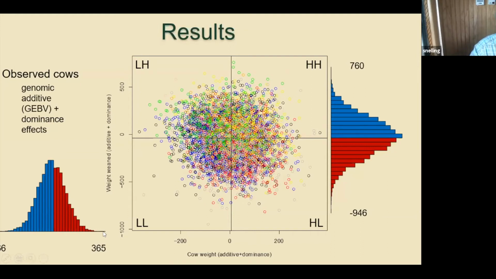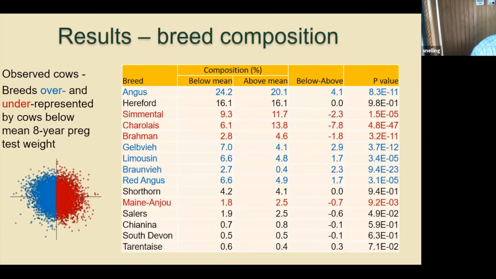And to look closer at each of those quadrants, I've included the scatter plot and color coded it so that the breeds in blue are overrepresented in the blue half of the plot, and the breeds in red are overrepresented in the red half of the plot.